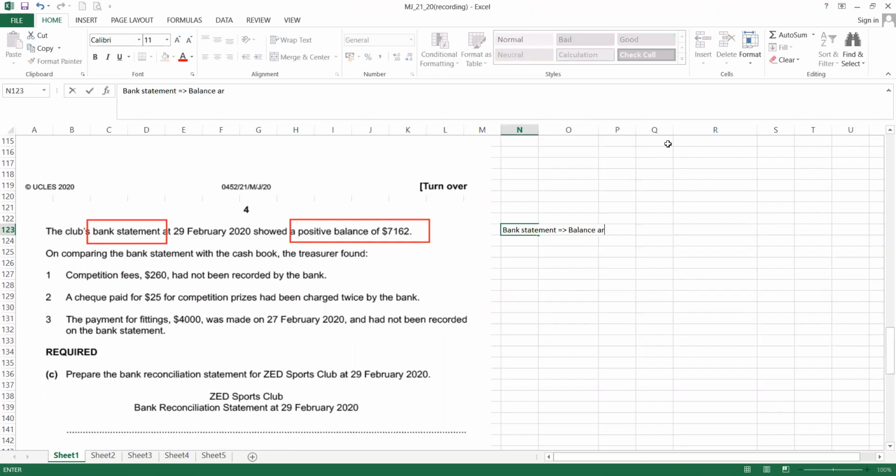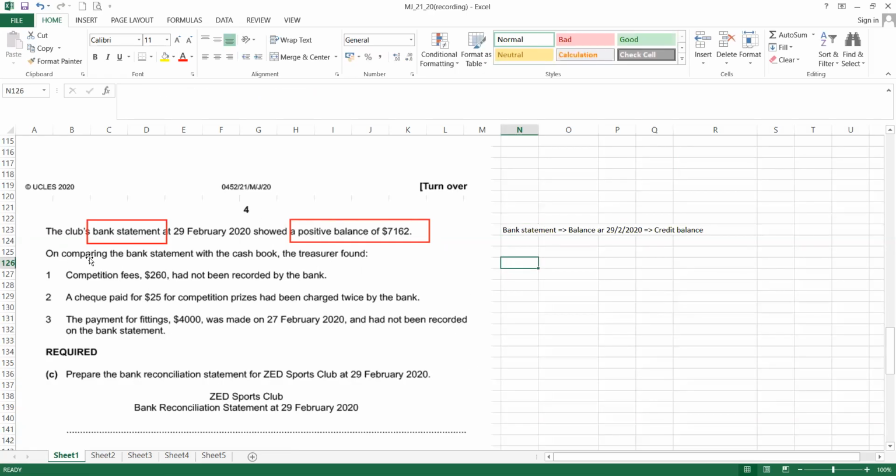Balance at 29 February 2020. This one is a credit balance, because the bank statement is opposite to the bank account. When they say positive balance, it means credit balance, not debit balance. So a debit balance is a negative balance for the bank statement. So this is a difference compared with the cash book or the bank account.